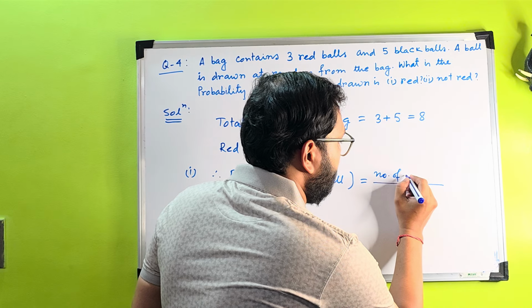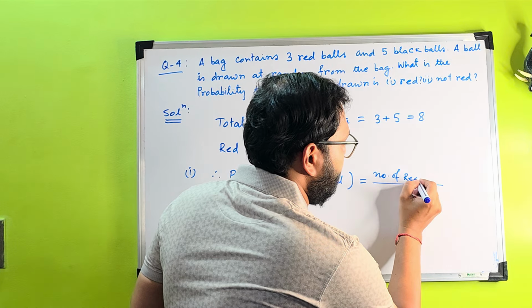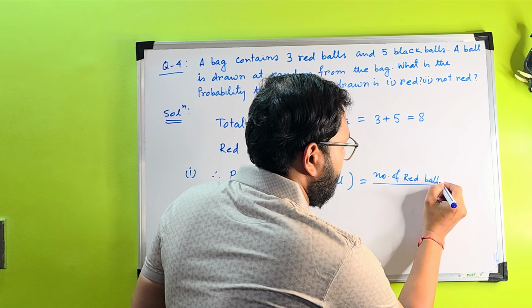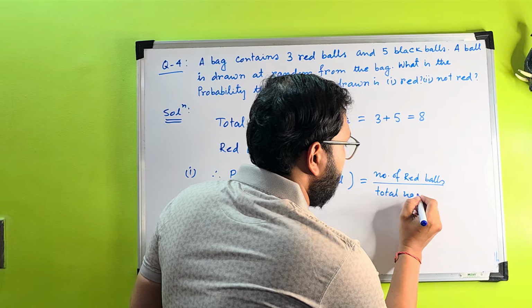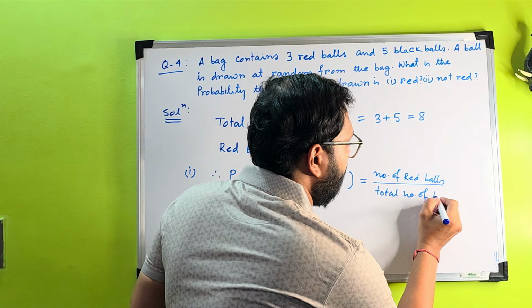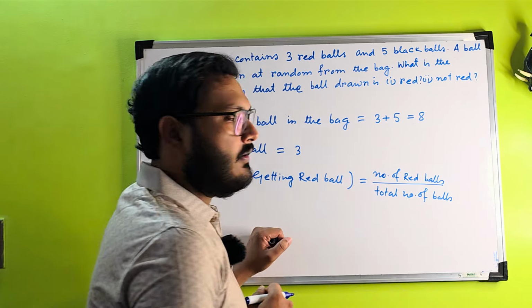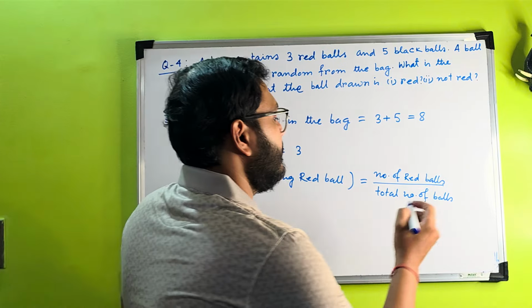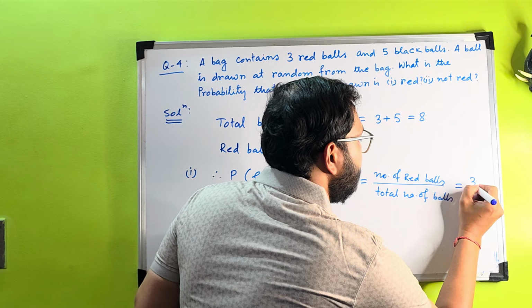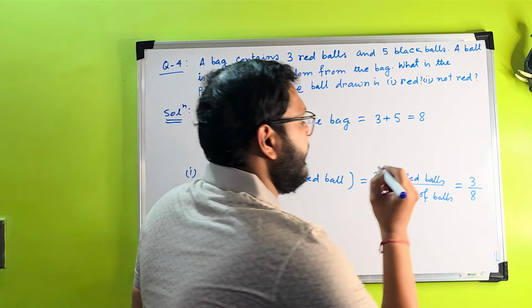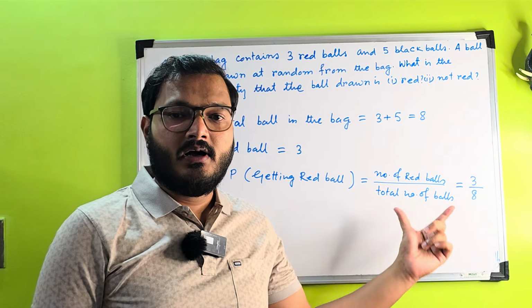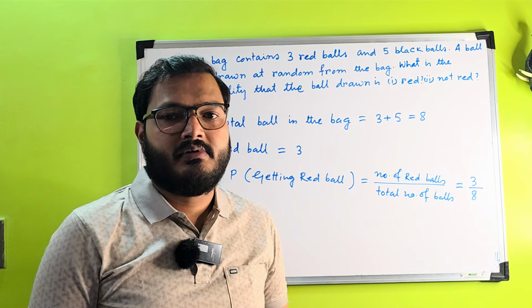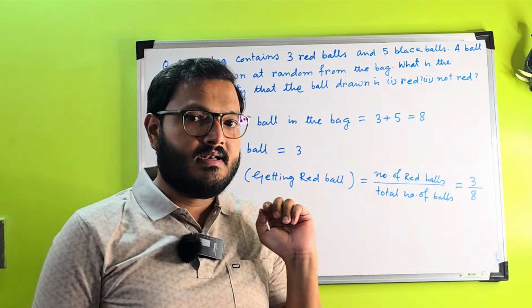Favorable events, meaning the number of red balls, by total number of balls. So it is very easy: 3 by 8. This is my total number of events. How many balls are there? That is the total number of events. I hope it's clear.